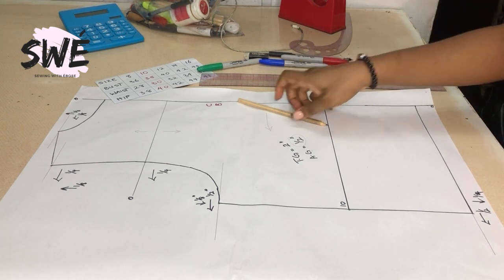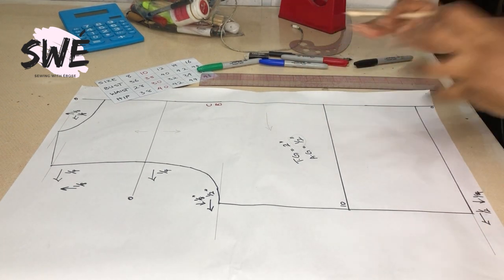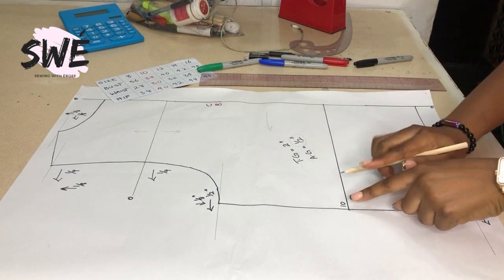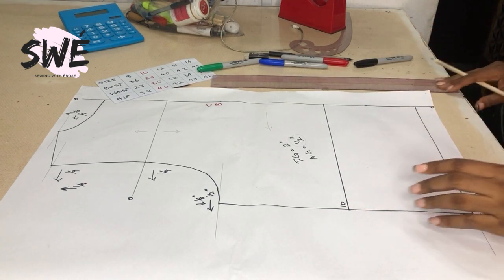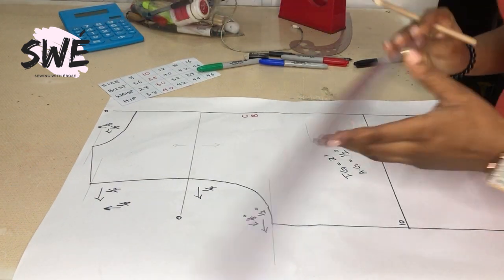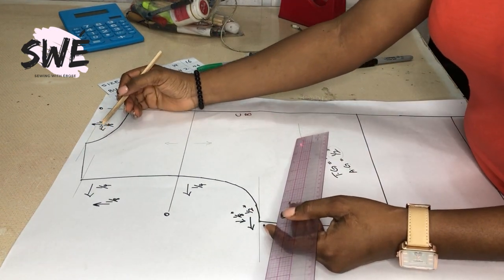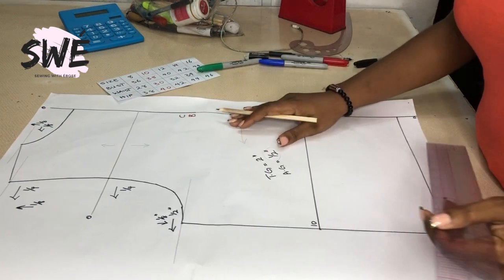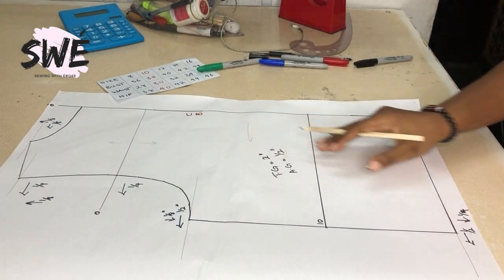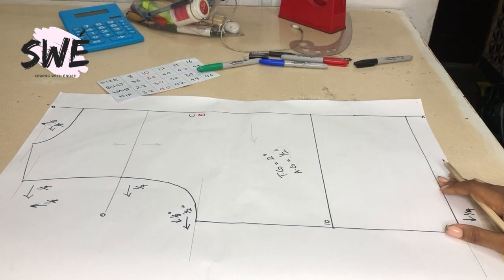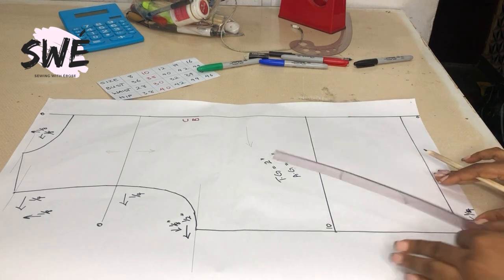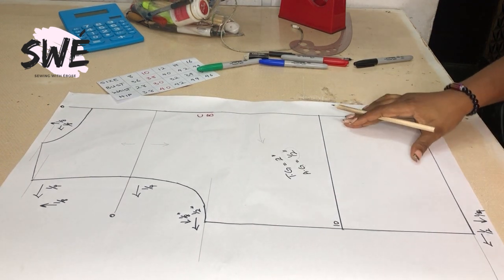So let's reduce this pattern. Let's take it from a size 10 to a size 8. Now these arrows I showed are for increasing the pattern. The arrows will go in the opposite direction to reduce the pattern.